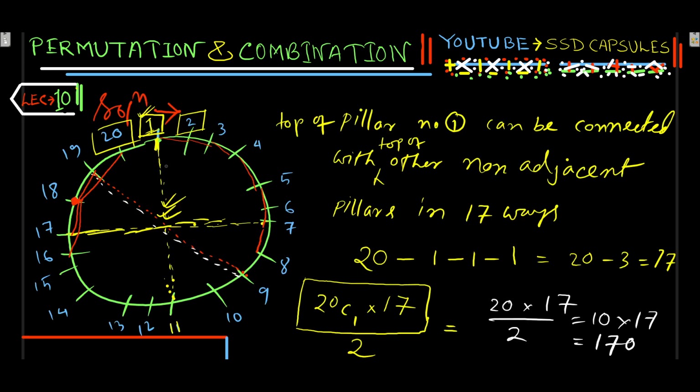No, because if we select 2 out of these 20 vertices of this polygon, then that also generates the sides of the polygon, including the diagonals.